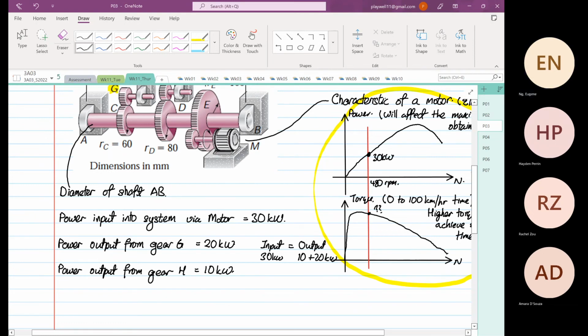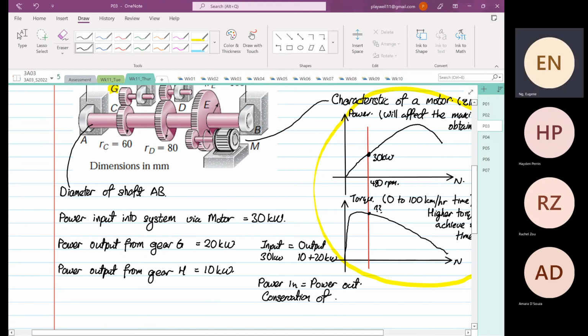Energy in, or power in, must be equal to power out.